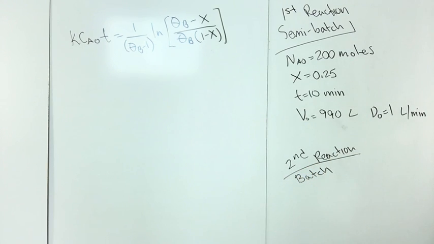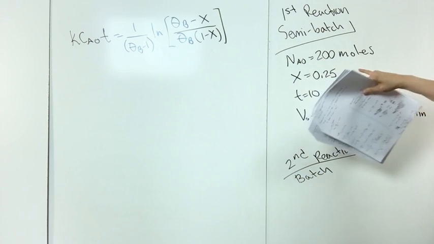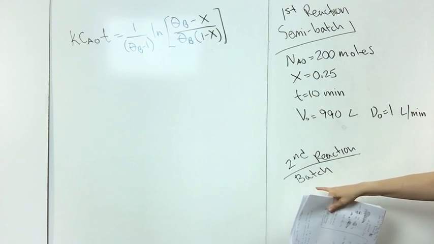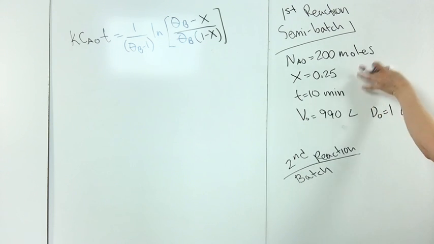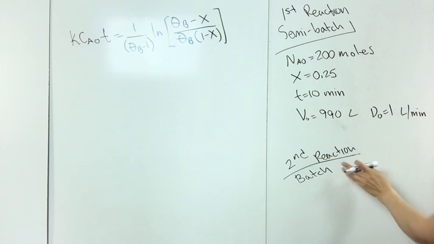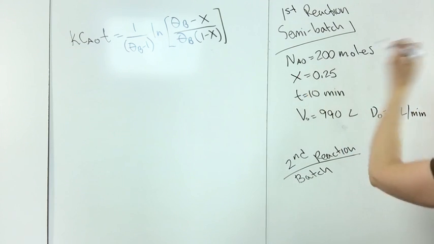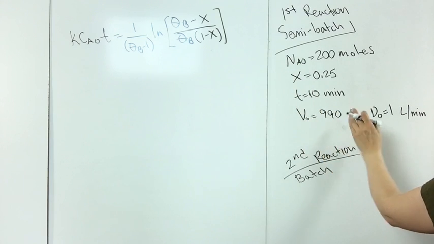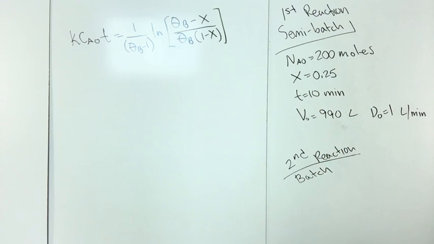And so we started out with Na naught was 200 moles, and then there was some conversion. The Na that we have after 10 minutes in this reactor is what we start with in this one.